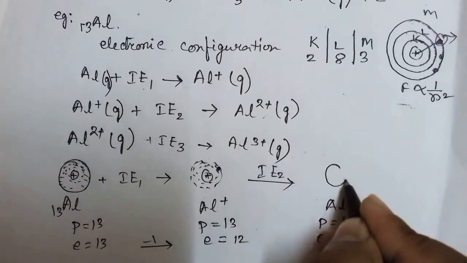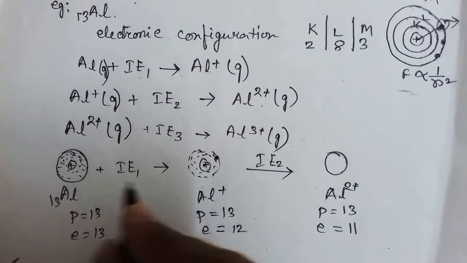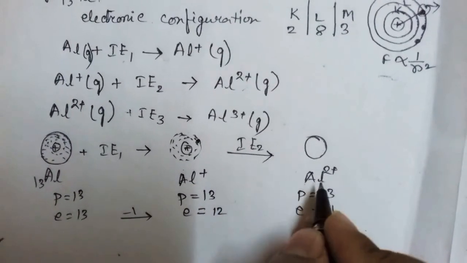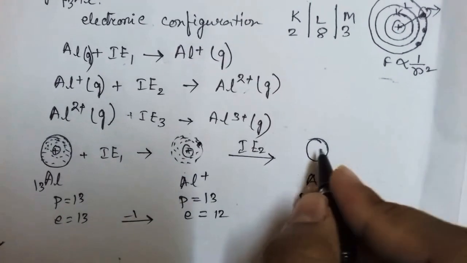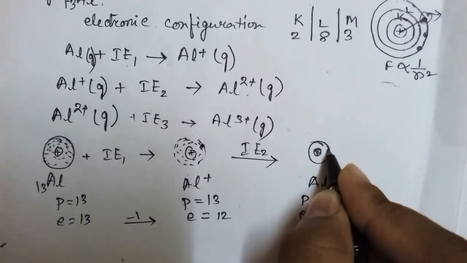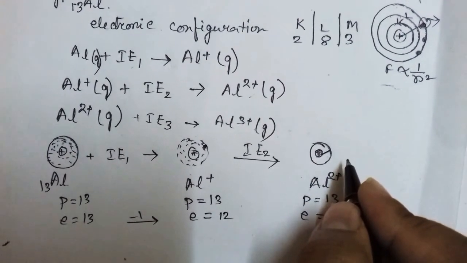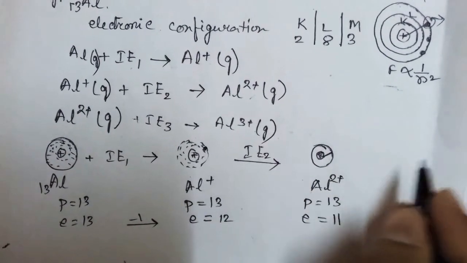Size will again reduce. So as we move from aluminium to Al plus to Al2 plus, size is reducing, the electron being much closer. So the nuclear pull is being greater than the last one.